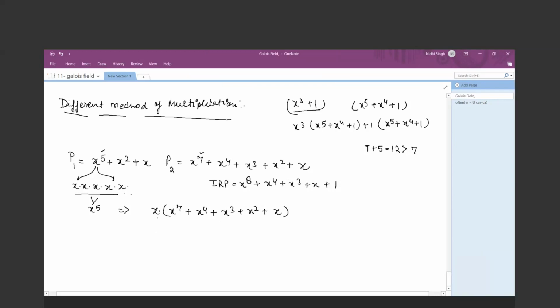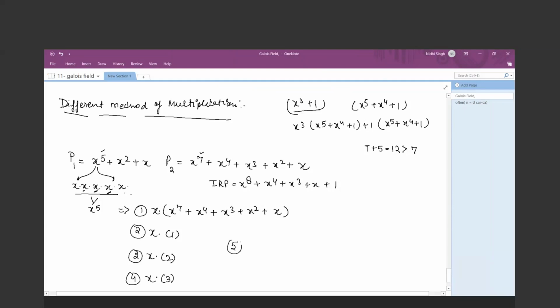So the first time x will be multiplied. The second time, this one x will be multiplied with the first term. The third time, this x, the third single polynomial, will be multiplied by the second term. The fourth time, the fourth one will be multiplied by the third computed term.